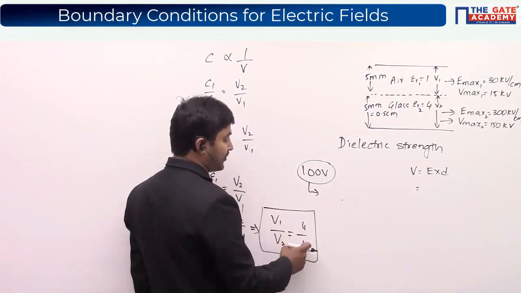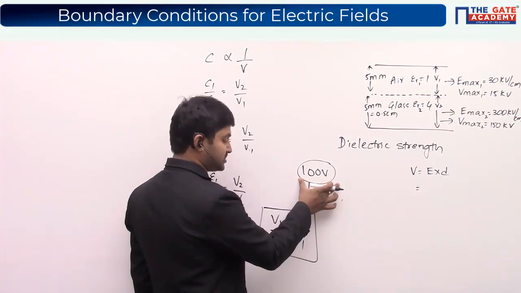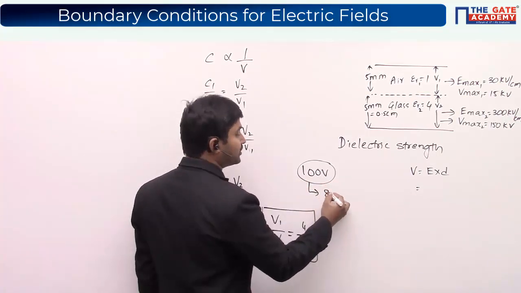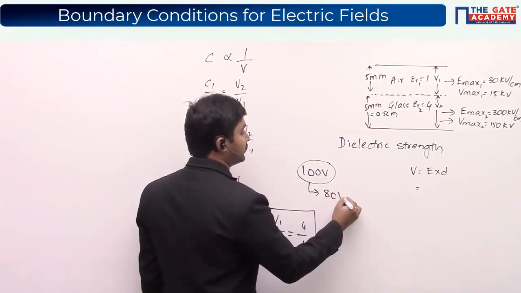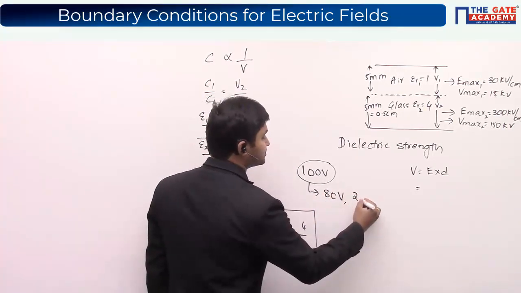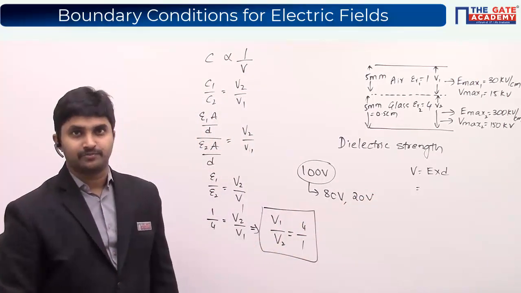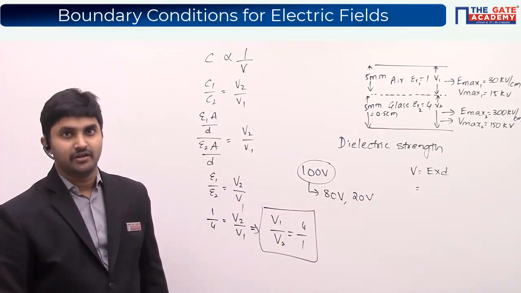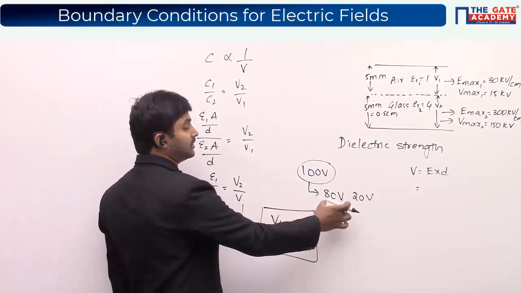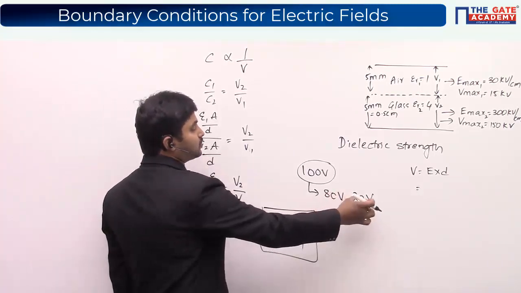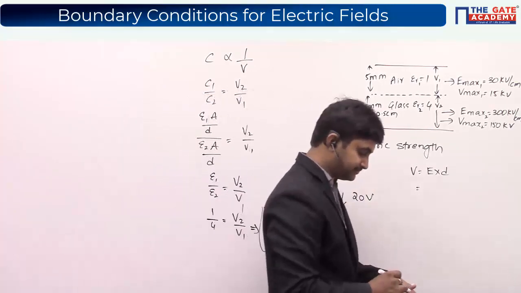So if I take 5 units, each unit is going to be 20 volts. Then 80 volts move into the air, and 20 volts is going to move into the glass. This is the story of it. Yes or no?